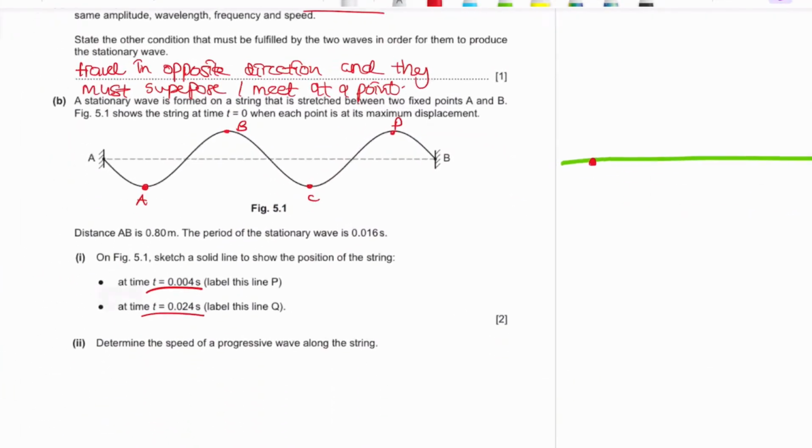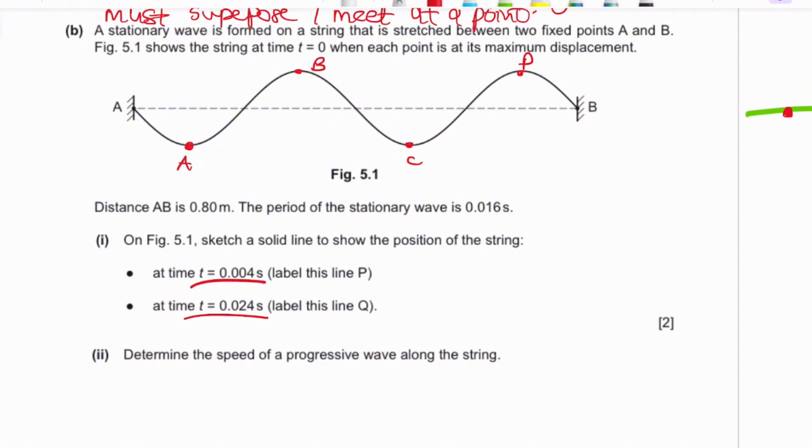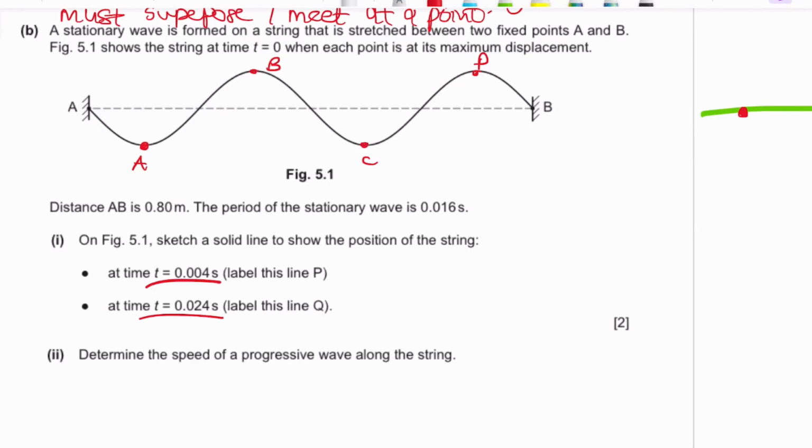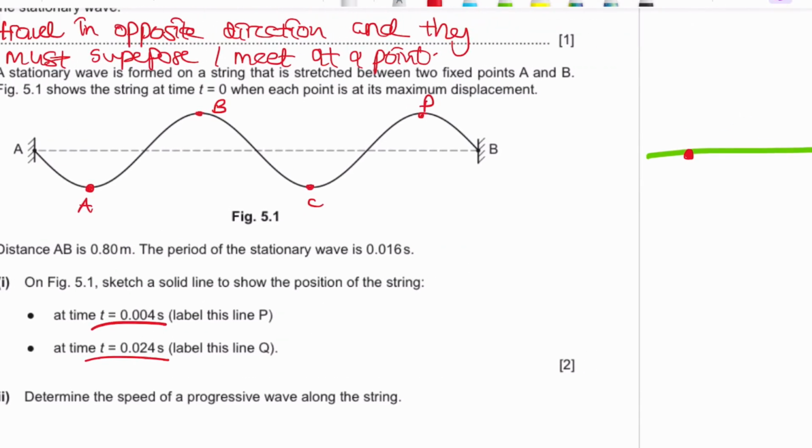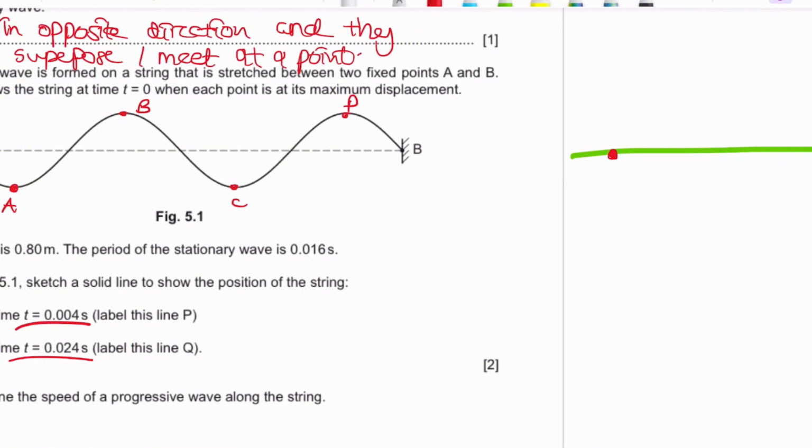We've been told that on Fig 5.1, sketch a solid line to show the position of the wave at time t equals 0.04. So we're going to be talking about how you can tackle such questions regarding drawing graphs that have been moving. If we look at this particular wave, we said that the period is 0.016.